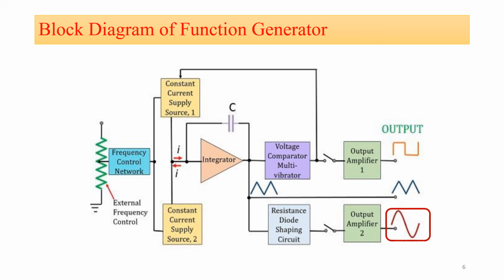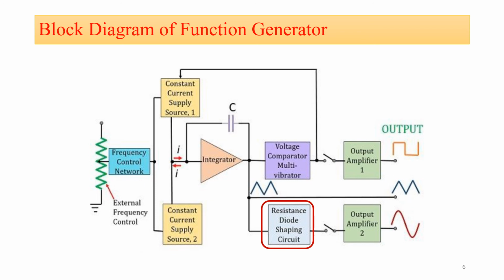Now the sine wave is derived from the triangular wave. The triangular wave is synthesized into a sine wave using the diode resistance shaping network. In this shaper circuit, the slope of the triangular wave is changed as its amplitude is changed, and this results in a sine wave with less than 1% distortion.